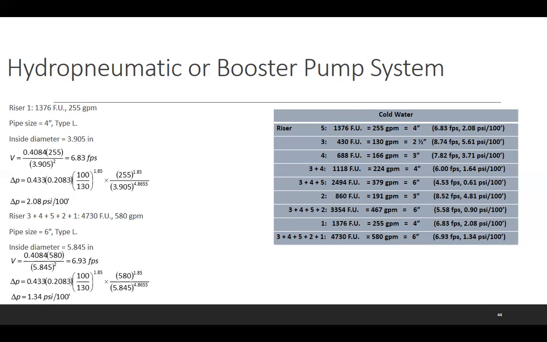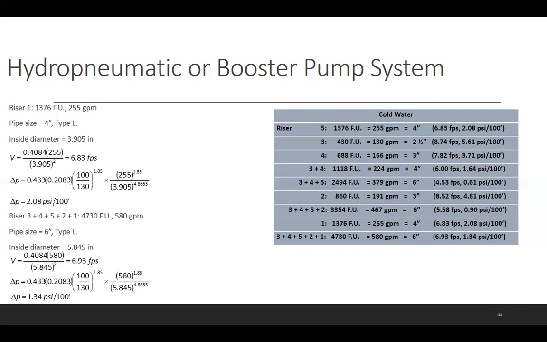Okay? Last, riser 3 plus 4 plus 5 plus 2 plus 1. So total na. It is 4730 FU. So wala pa yung hot water dyan. 580 GPM. Pipe size 6 inches type L. And the inch diameter is 5.845 inches. Velocity is 0.4084 times 580 over 5.845 squared, is 6.93 feet per second.